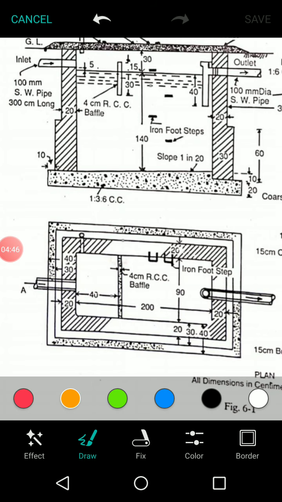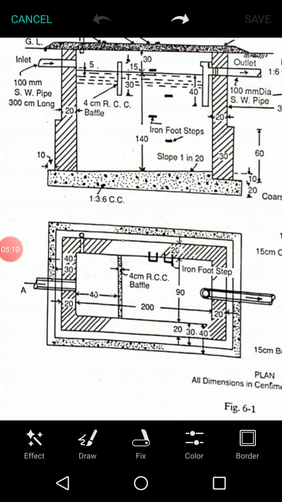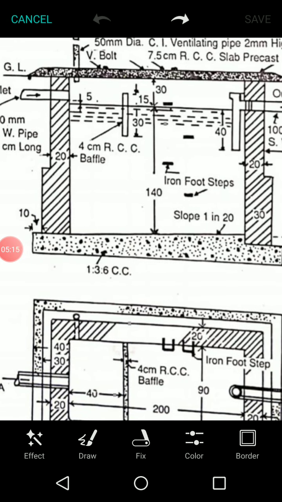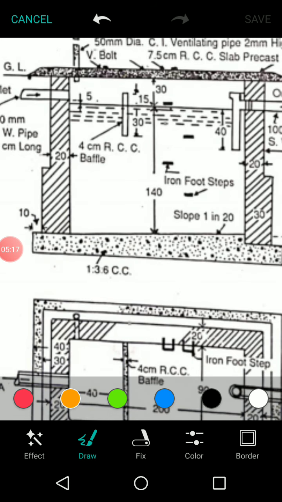In the breadth dimension it is 0.9 meters plus 0.4 meters on both sides, here and here. So 90 plus 40 plus 40, it is 1.7 meters, correct? And what about height? Height they have taken as 1.95 meters.